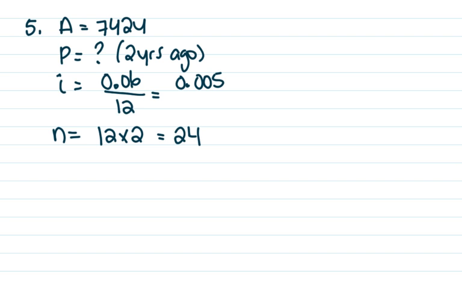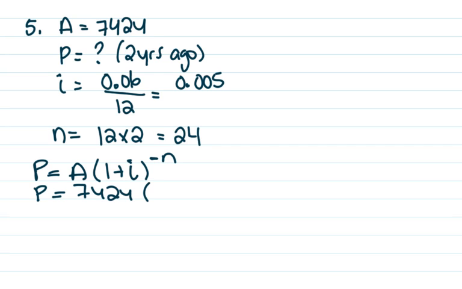Okay, so in this case, we need to find P, which is the principal, so we're going to use the second equation with a negative exponent. P equals A times (1 + i)^(-n). So P equals 7,424(1 + 0.005), so 1.005 to the power of negative n, which is negative 24.